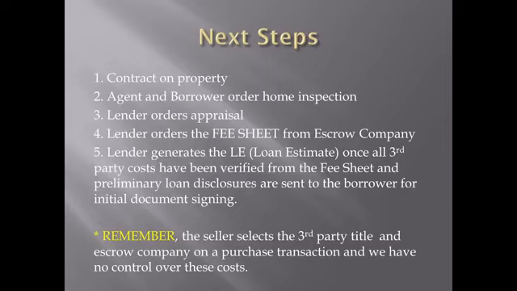Once all third-party costs have been verified from the fee sheet and preliminary loan disclosures are sent to the borrower for initial document signing, then we can order the appraisal, okay? Now remember, you guys, the seller always selects the third-party title and escrow company on a purchase transaction, and we don't have any control over the costs.